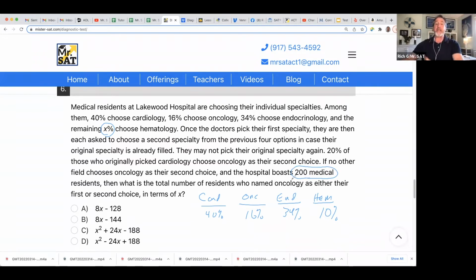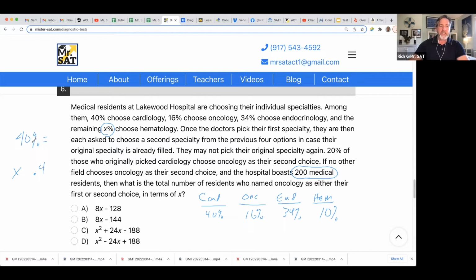Okay. Now I can go back to the cardiology where it said 20% of those who originally picked cardiology. Well, how many people originally picked cardiology? 40% of 200. If you go back and look at, I think it was explanation 4 or 5, I mentioned that when you want to take a percentage of something, it's the same as multiplying by a decimal.